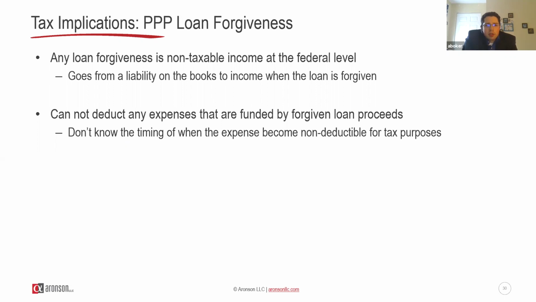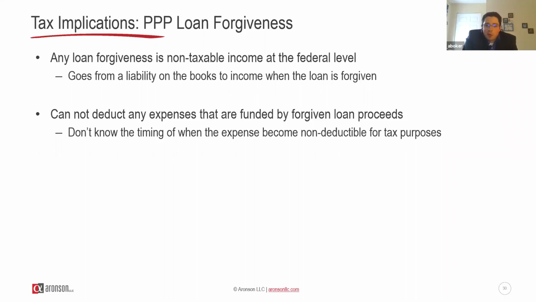Now, what's tricky about this is that we don't know the timing of when the expenses become non-deductible for tax purposes. So it's very likely that a lot of these PPP loan forgiveness applications are going to roll into 2021. So if the PPP loan that's on the books is forgiven in 2021 and then gets converted to income, when do the expenses come off the tax return?